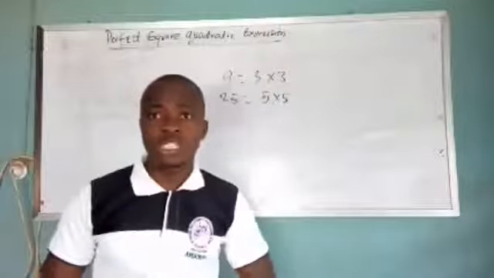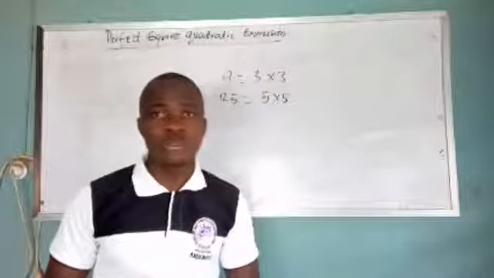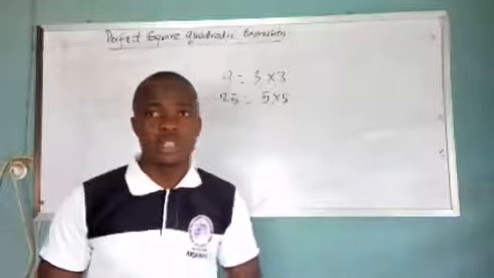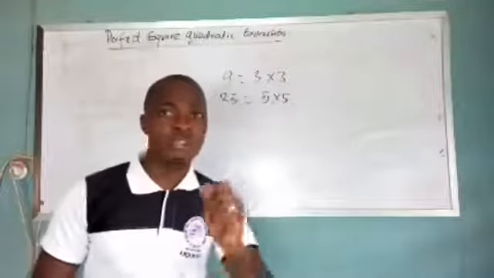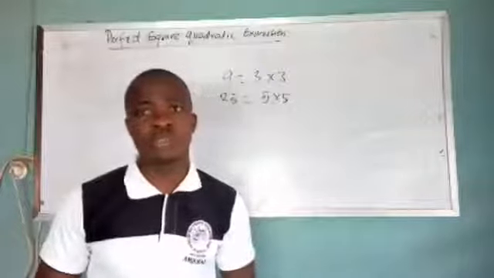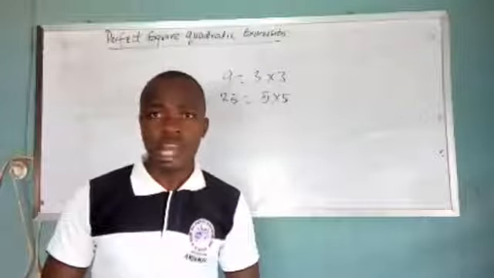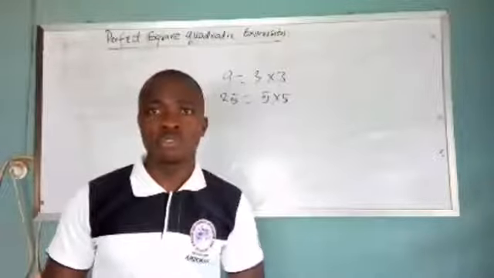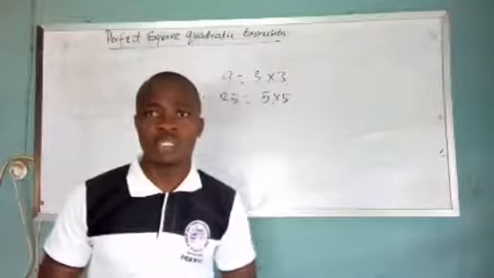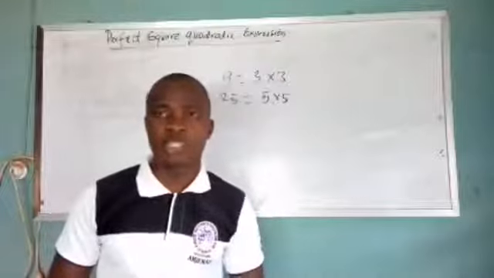So how do we confirm that the quadratic expression given to us is a perfect square? If it is a perfect square, you take another form of solving when looking for the factors of the expression.